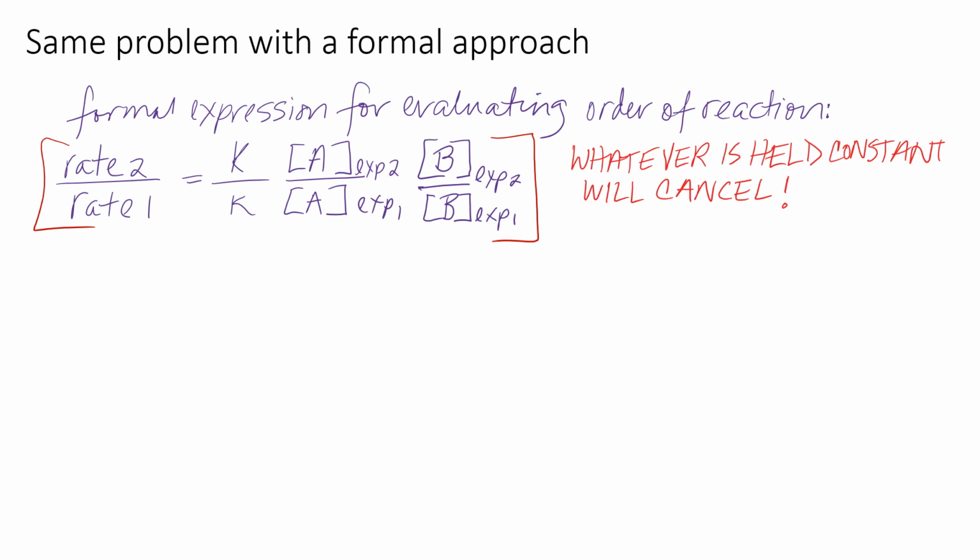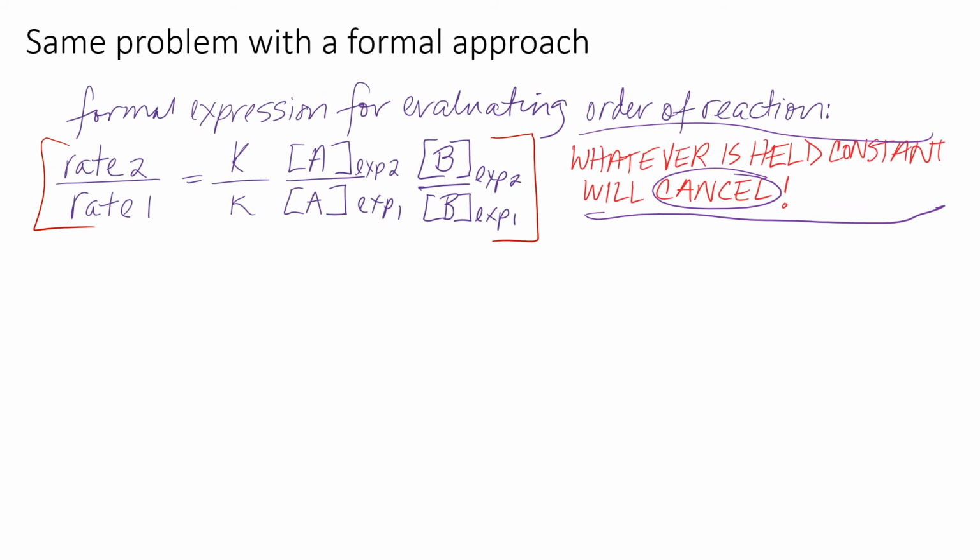And we're going to see that this is not nearly as complicated as it looks. In fact, we are doing exactly the same mathematical operation as we did just a moment ago. Why? Because you need to focus your attention on the fact that whatever is held constant in this expression will cancel. And that makes our life a whole lot easier.